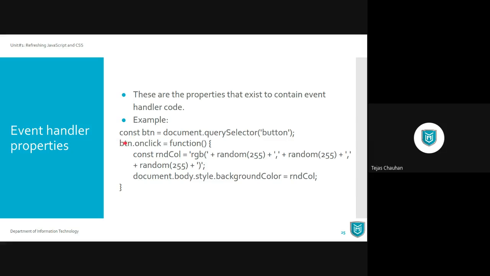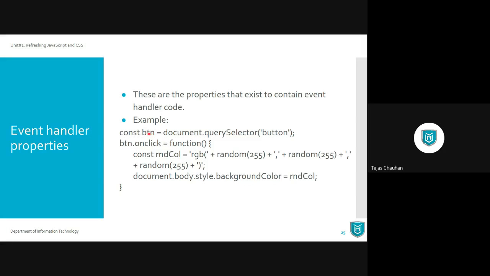Now, this button is coming from the JavaScript querySelector, or you may use the getElementById function or anything. But we are not writing this code with HTML. We separate this code from the HTML part. So there will be nothing in the HTML, but we access that element first, with document.querySelector or document.getElementById, and you have that element.